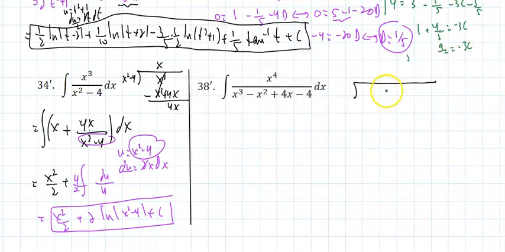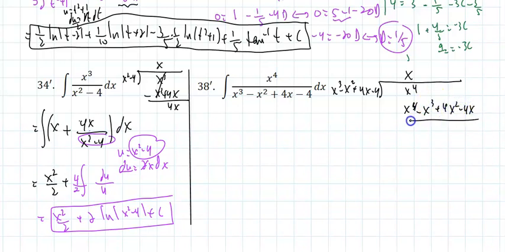Okay, if I take x to the 4th divided by x cubed minus x squared plus 4x minus 4, that will be x cubed, x to the 4th minus x cubed plus 4x squared minus 4x. And if I subtract, that would be x cubed minus 4x squared plus 4x.